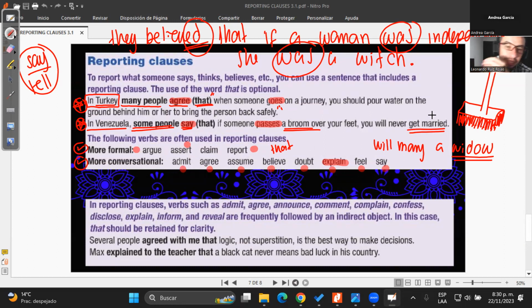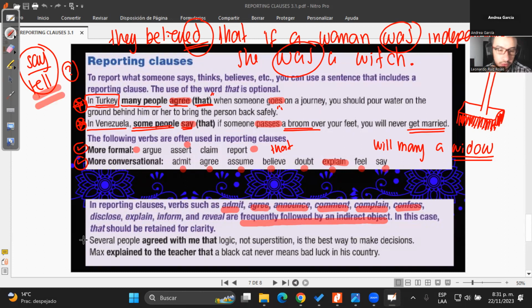But sometimes some specific verbs, like for example admit, agree, announce, comment, complain, confess, all of these are frequently followed by an indirect object. It means that it's necessary to talk about who received that information, similar to what happened with tell. When I say tell, it's tell, again, tell to whom. In this case, it's something similar, right?